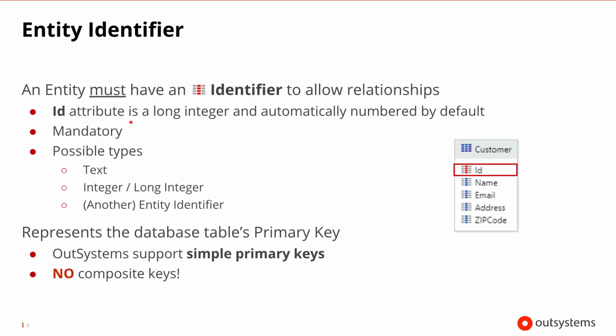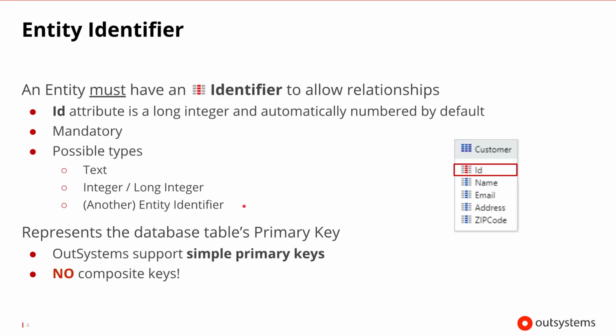That identifier starts by default with a long integer that is automatically numbered. And it's automatically numbered when created because the database can do the auto numbering for us. By default, identifiers are mandatory, and the possible types that they could be changed to could be text, they could be integers or long integers, and sometimes we can actually use another identifier as an identifier type.